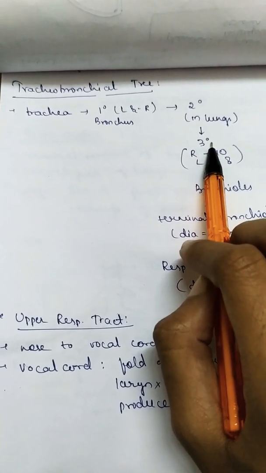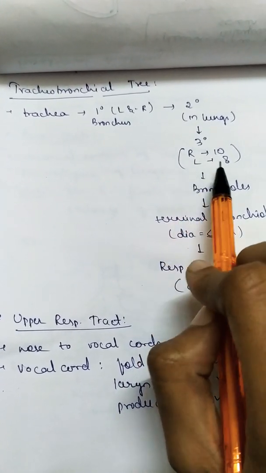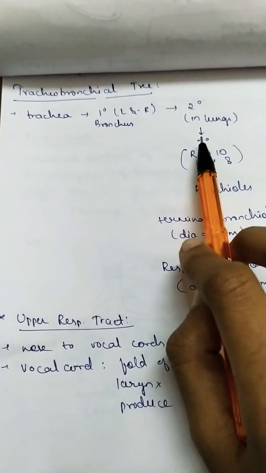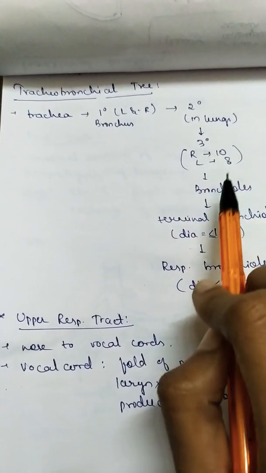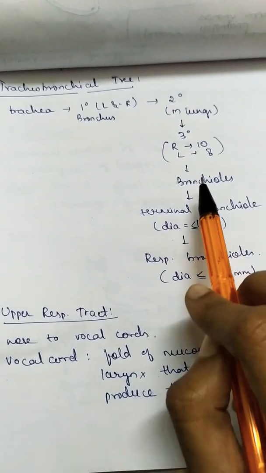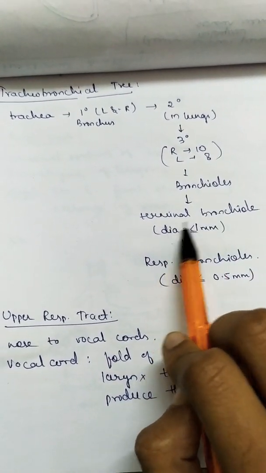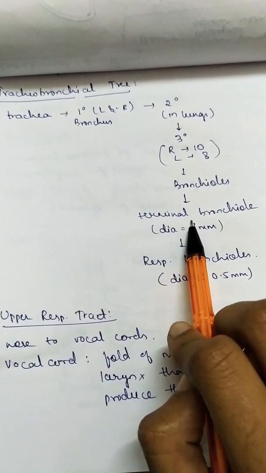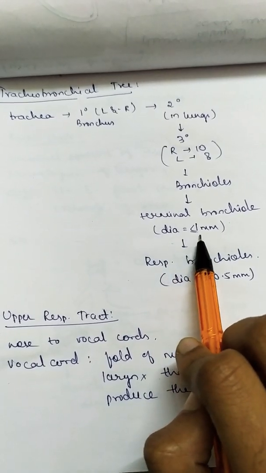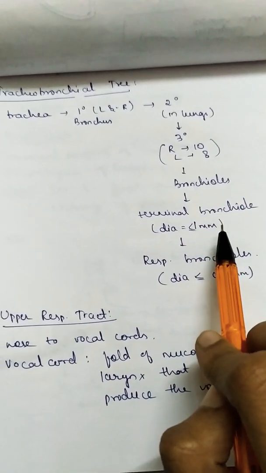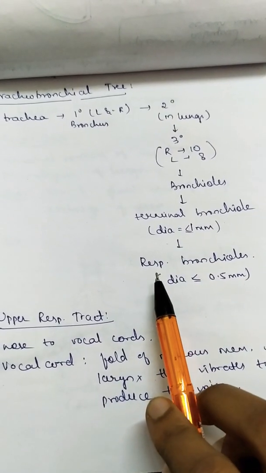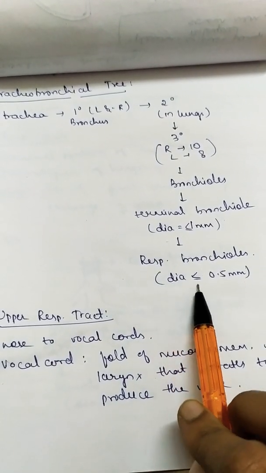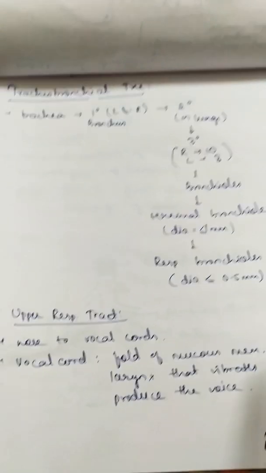These tertiary bronchi are 10 to the right and 8 to the left. Then the tertiary bronchus is going to divide into bronchioles, and bronchioles into terminal bronchioles. The terminal bronchiole is about 1 millimeter in diameter or even less than that. Then this divides into respiratory bronchioles, which are about 0.5 millimeters.